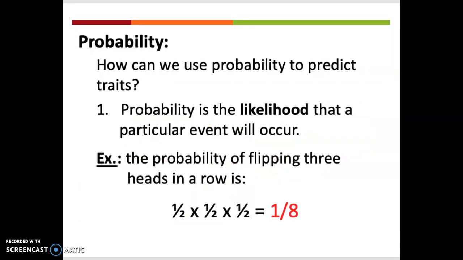So probability, just a very short little bit of notes here to put together, is the likelihood that a particular event will occur. So there's possibilities. It's possible to have a yellow pea, it's possible to have a green pea, but what's the likelihood or the probability of having a green or a yellow?